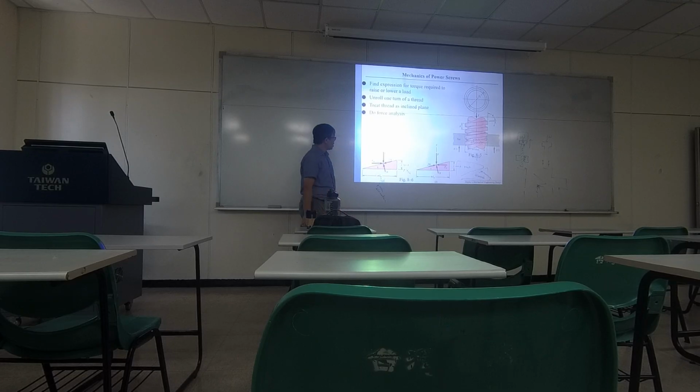And what would be the force that lifts your thread up? Usually it's based on some kind of torque that rotates the screw. So P_R basically would be a transverse force that generates this torque.